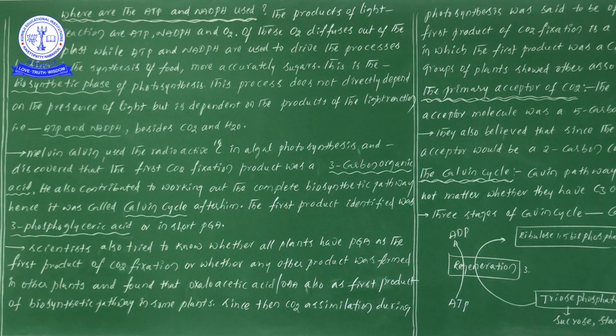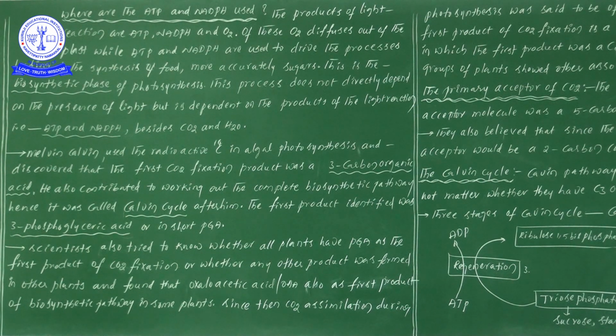Initially they found 3-phosphoglyceric acid in some plants, but later they had a doubt that differences would be there in some plants. When they continued their experiments, surprisingly they found one more kind of organic acid, with 4 carbons, in some other kinds of plants as the first product of photosynthesis.